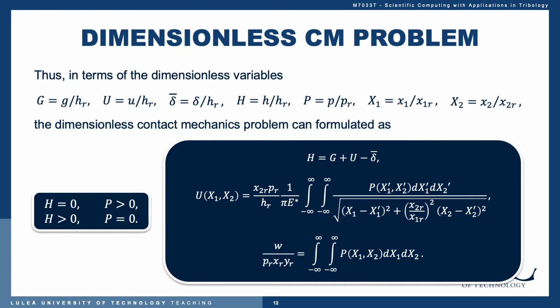However, in the following, we will consider how to make this problem input parameter free, and then we will obtain something which is much simpler, and it is also much more generic.